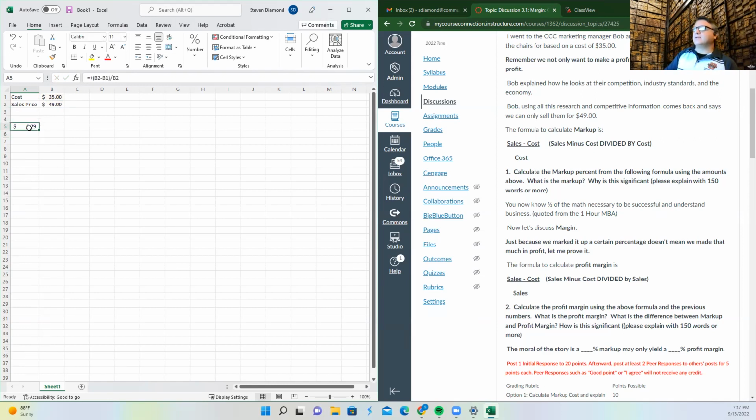Now that should not be in dollars. Let's change that to percent. All right, and 29% is an acceptable answer. But if we move it to 2 decimal places, it's actually 28.57%. All right. And that was over the cost, right?